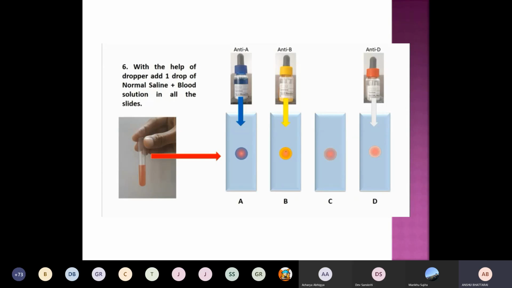In slide B, there is anti-sera B solution plus 1 drop of this solution. And in slide D, there is 1 drop of anti-sera anti-D plus 1 drop of this solution.